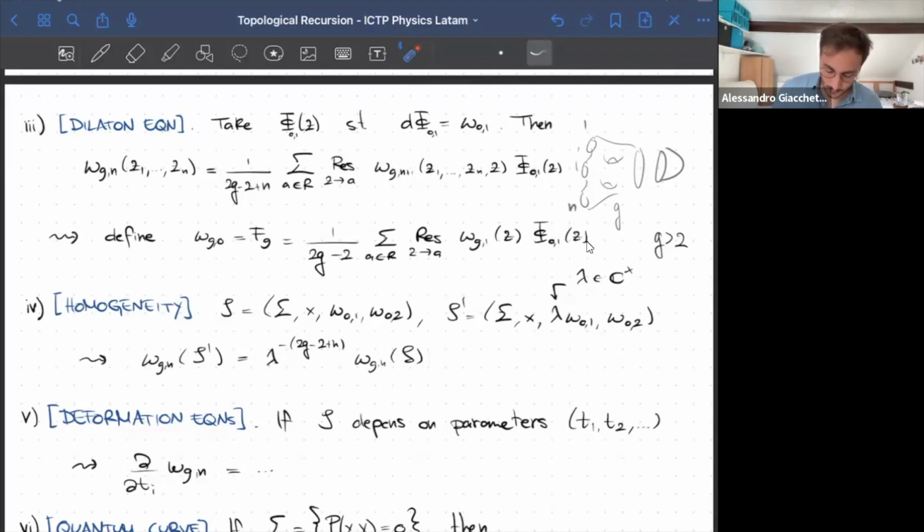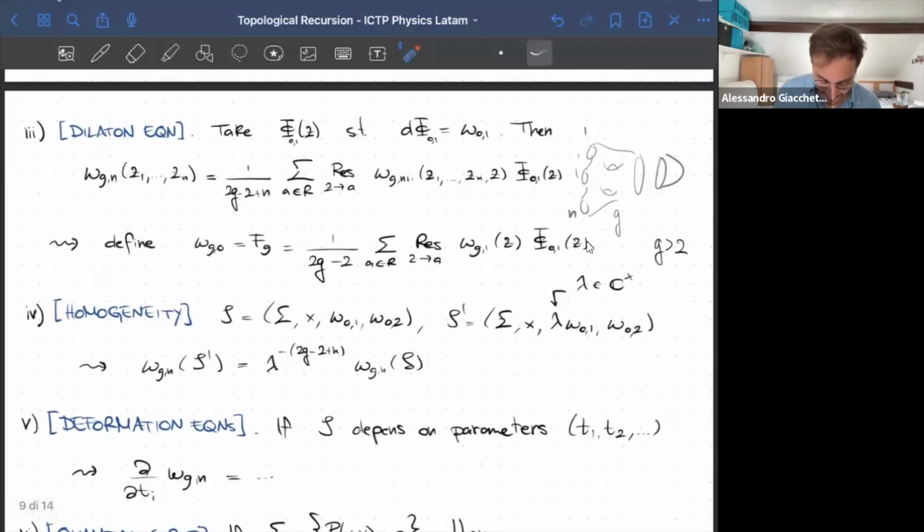I will not make this precise, but it's nice to know that these equations exist. They tell you how these omega g,n change when your spectral curve depends on some parameters. It's a bit technical, so I will not talk about this, but it's nice to know that it exists.